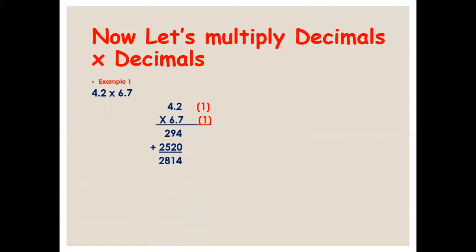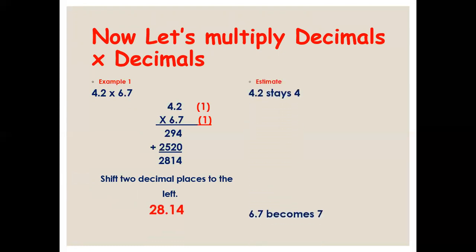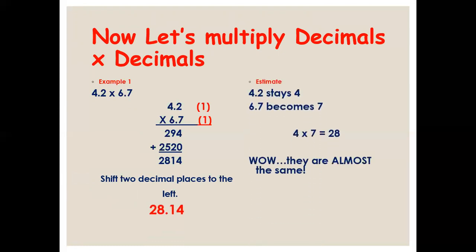But remember, the answer should have two decimal places. So you got 2814. In that, move two decimal places. The answer will be 28.14. And you can check its reasonableness with your estimated answer, which is again 4 times 7, 28.